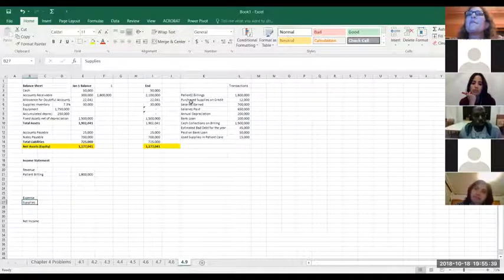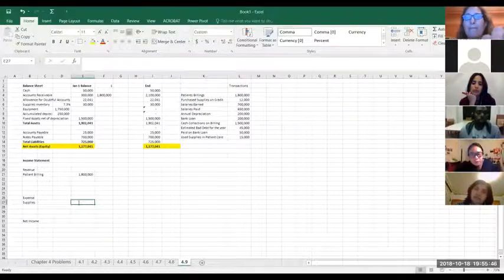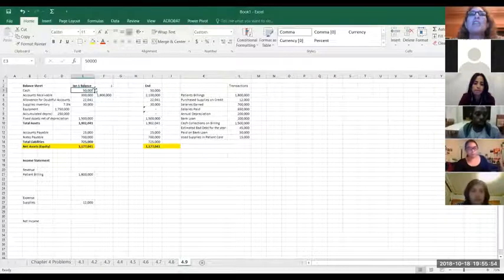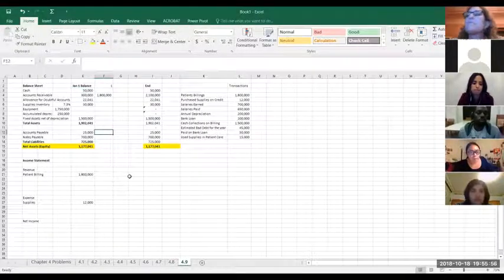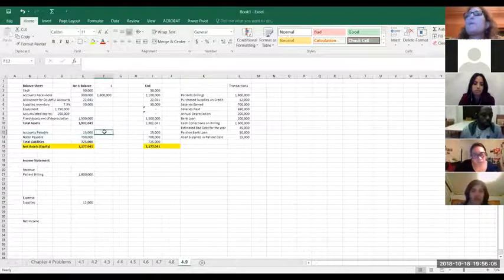So then if we purchase these supplies on credit, what does that mean? That means that we have to pay for them later, right? So instead of paying for them with our cash, we put them in our accounts payable, right? Accounts payable is where we know that we're going to get an invoice for something.